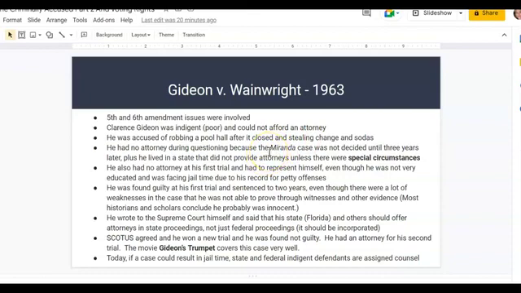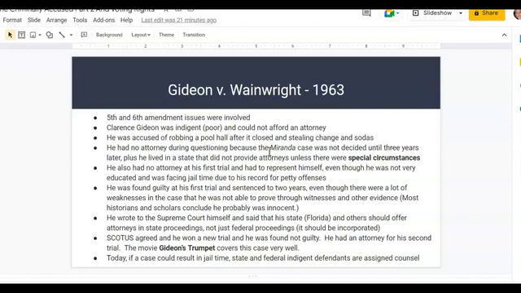I mean, he didn't have any intellectual disabilities, but at the same time, his case was kind of a tough one because you needed to have certain skills to show all of the factors that indicated he actually didn't do this. And in the state he was in, which was Florida, they had a rule that said special circumstances had to exist in order for you to be assigned a free attorney if you were broke.